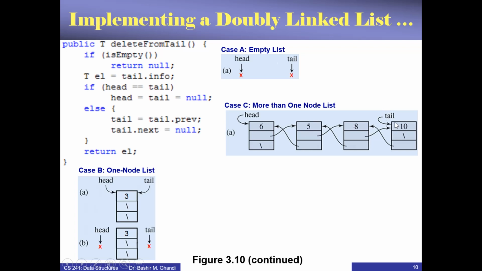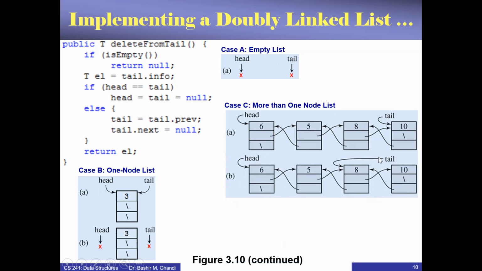Tail is pointing here. Tail.prev is this reference. We want tail to come to the same node, therefore we say tail becomes tail.prev. If you do that, tail will point to this node.